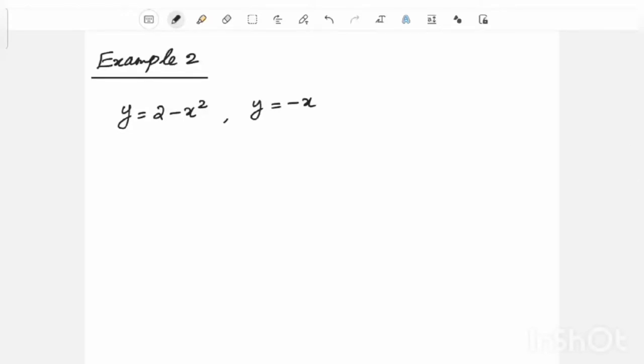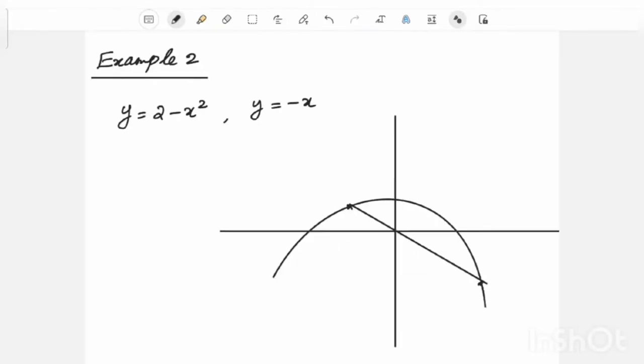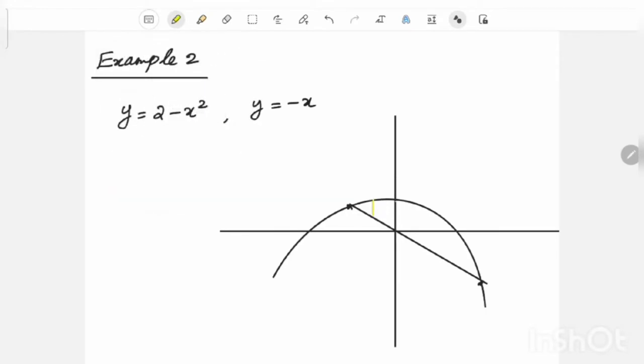Now we can draw the graphs. y equals 2 minus x square is the parabola with the vertex (0, 2), and y equals minus x is the line passing through the origin, and when x is equal to 1, y equals minus 1, and when y equals 1, x is equal to minus 1. So we need to find this area.